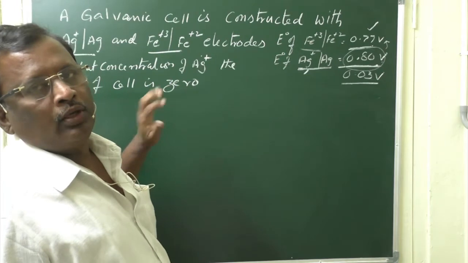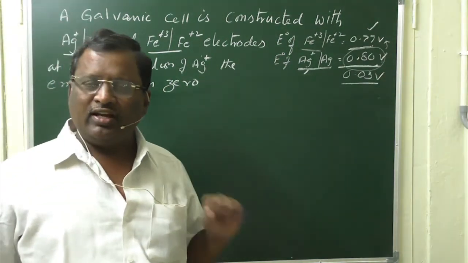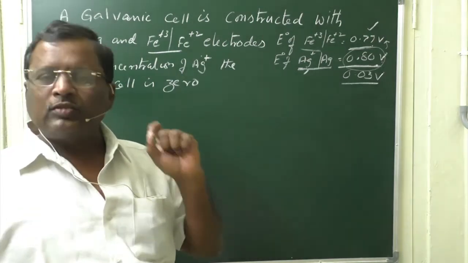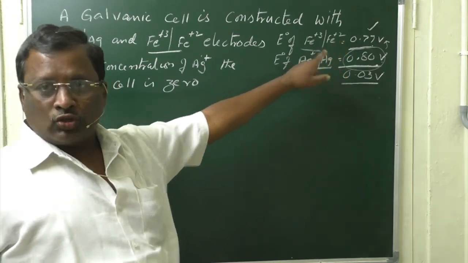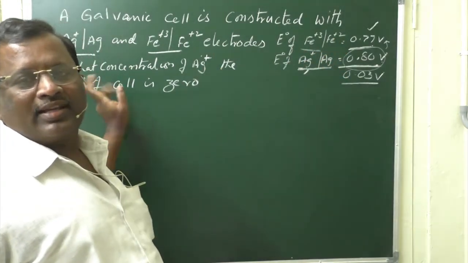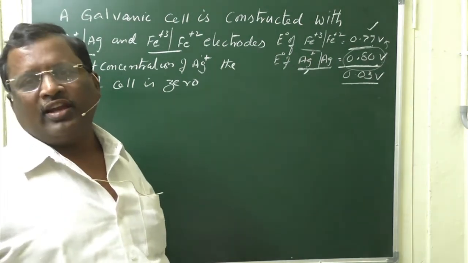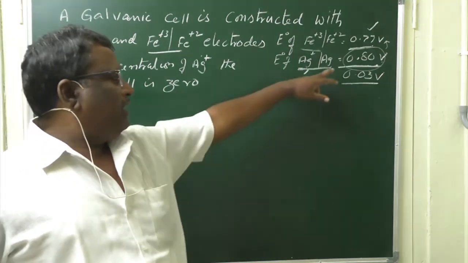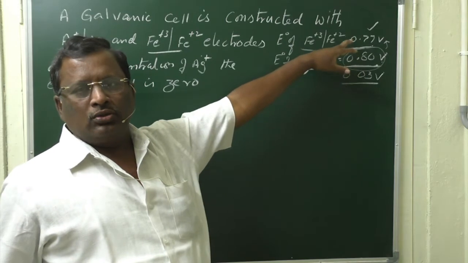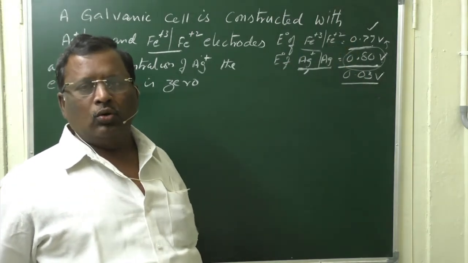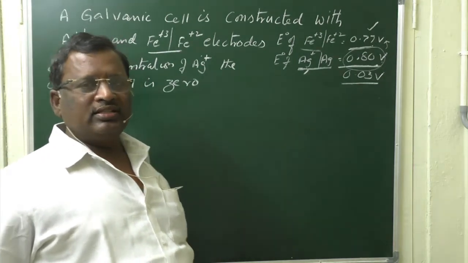Now, what you have to find? You have to find the concentration of silver ions so that its potential will equal 0.77, so that the condition will be satisfied. That means, you have to simply change the silver ion concentration and that potential should change from 0.80 to 0.77 volts. For that purpose, we can use the Nernst equation.